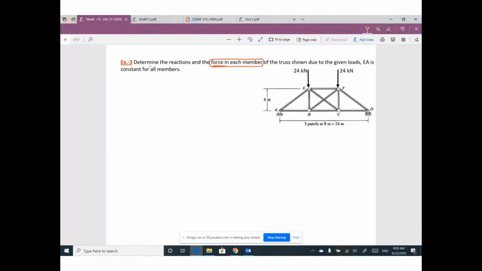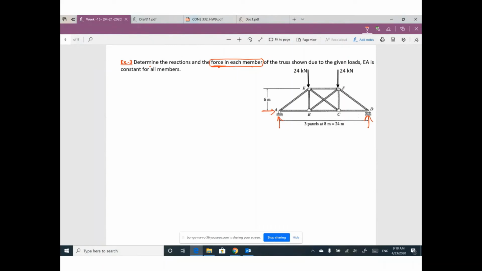Last example, we have a truss that looks like this. We need to determine the internal forces in each member, but this truss is indeterminate. I can solve for the reactions because we have only 3 reactions: one here, it's a roller, and 2 here, it's a hinge. 3 are enough.